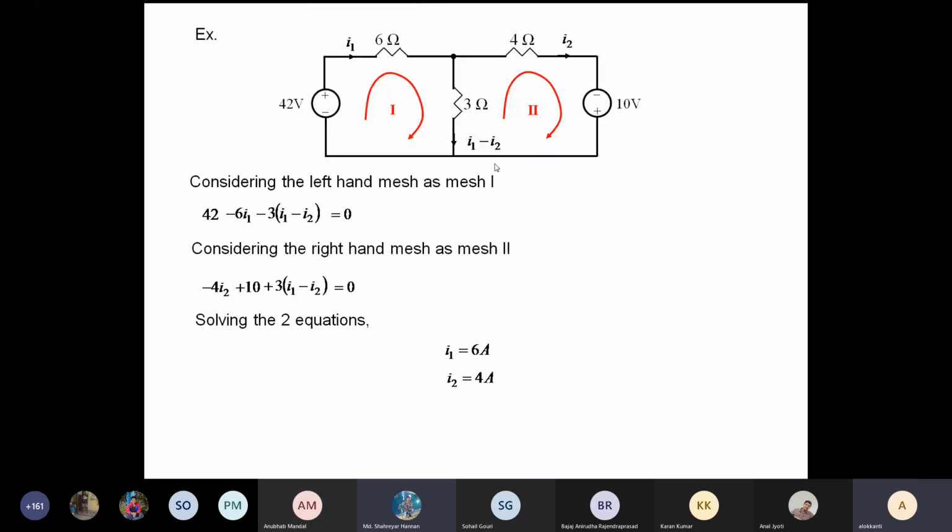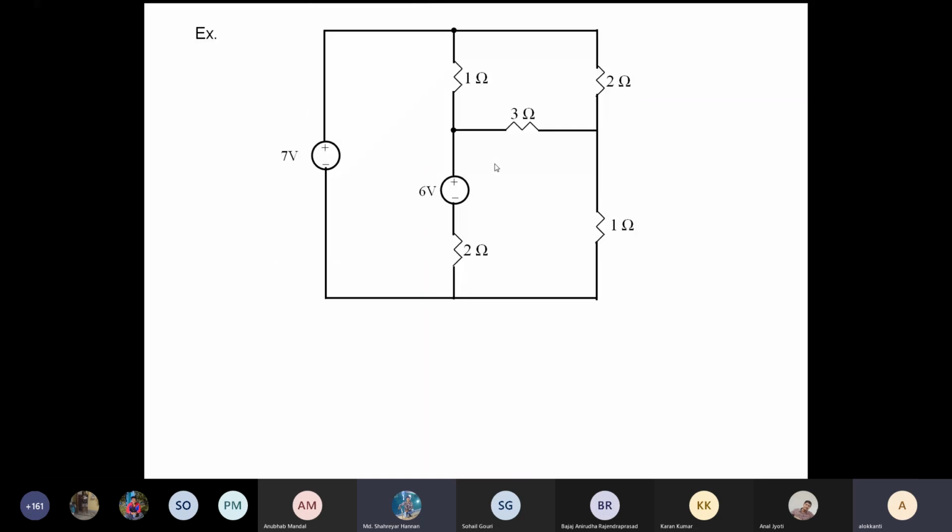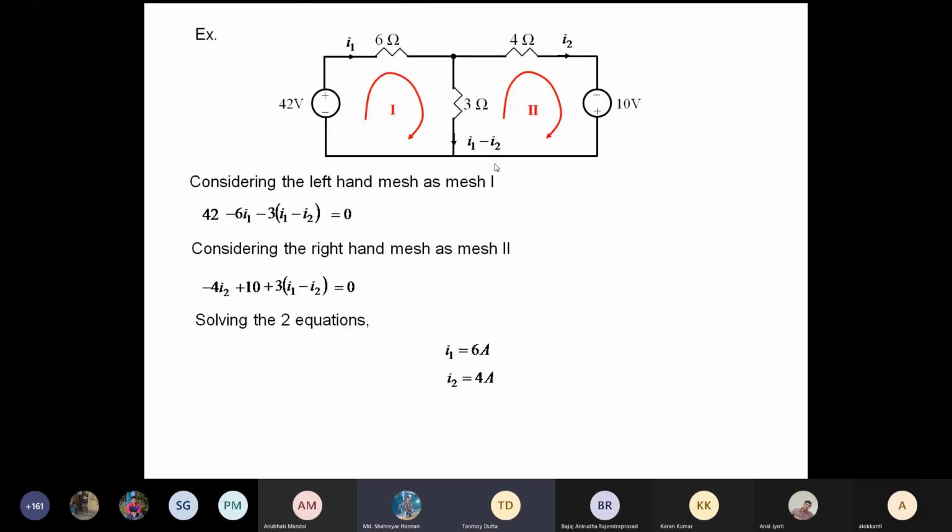We'll do a more complicated example. The next example is a little bit complicated. Okay, you try to solve it. Sir, I have a question regarding considering the outer loop. If we consider the outer loop, I am getting a different equation, so will I not get a different answer?